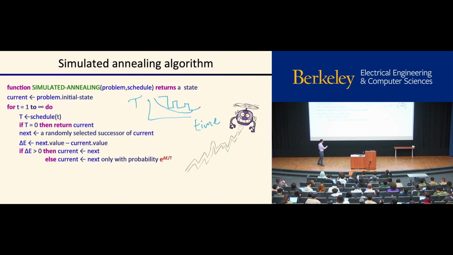And we do that according to this probability, which is an exponential raised to this energy difference divided by the temperature. So what this means is, let's think about this. If the temperature is infinite, this is e to the 1 over infinity, that's e to the 0, which is 1.